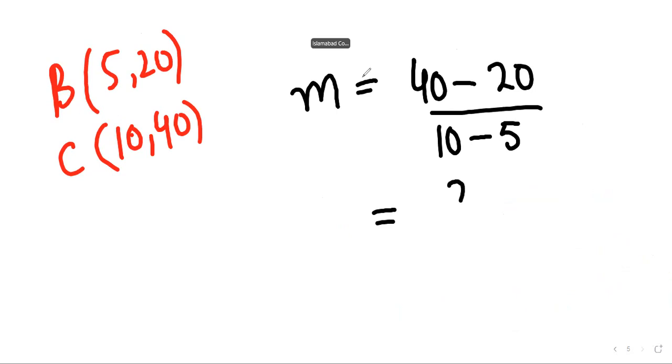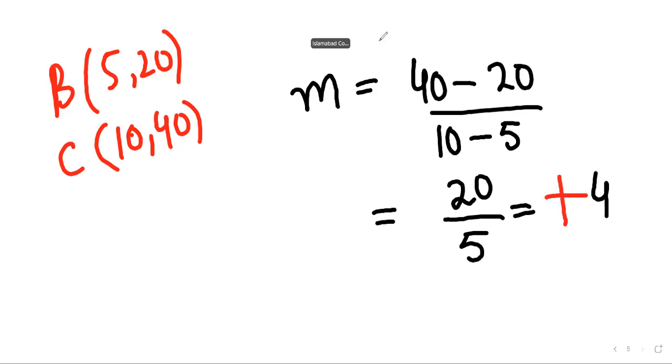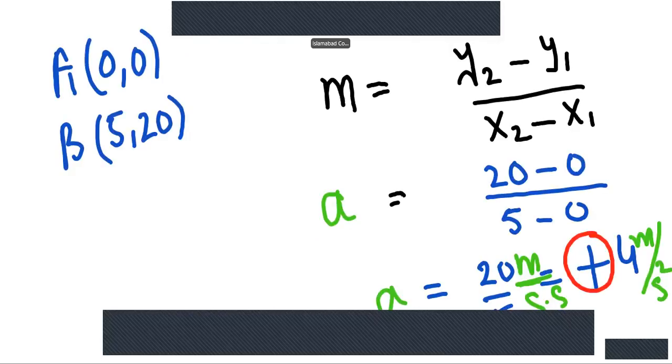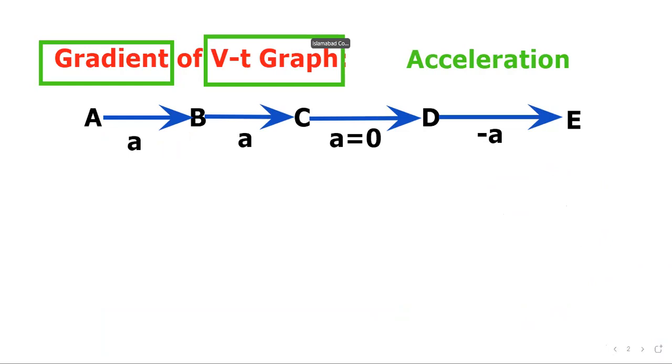So 40 minus 20 is 20 and 10 minus 5 is 5. Again it's 20 over 5 is 4 and it's positive. So the unit is meter per second square. Okay, the gradient is acceleration. So before calculating these, we just observed the graph and found that from B to C the object is accelerating, and accelerating means positive acceleration.